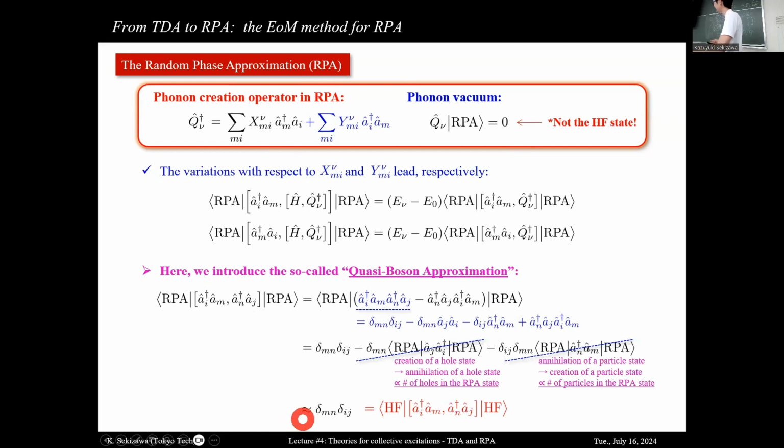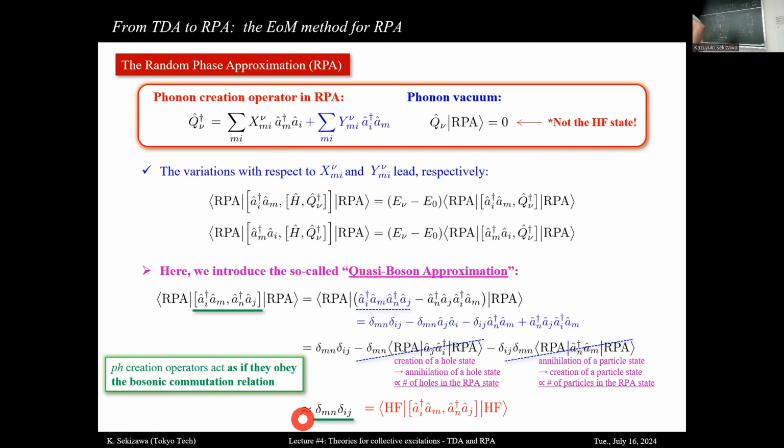Okay, so this is the so-called quasi-boson approximation. The reason why it is called quasi-boson approximation is, if you look at this commutation relation and this result, and forget about the expectation value, then this looks like the commutation relation of a bosonic operator.